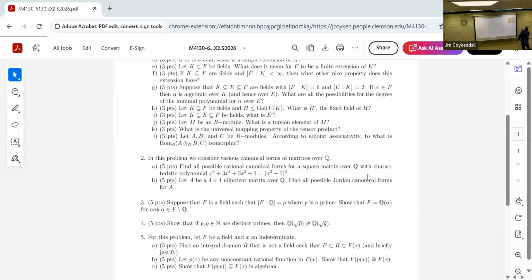So for this problem on 2, I said, find all possible rational canonical forms. What if I had said find the primary rational canonical forms?